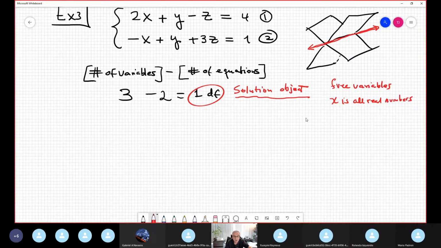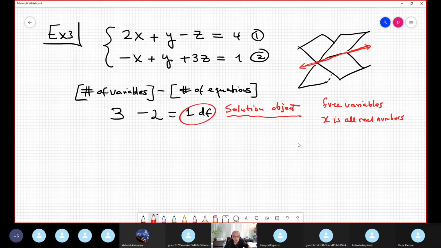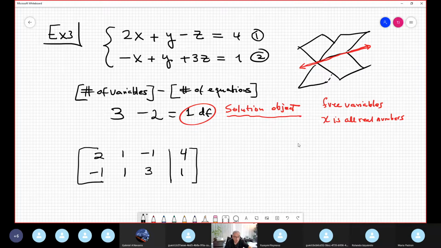This matrix, I forgot to write here, is 2, 1, -1, 4, separated by a bar, -1, 1, 3, and 1.